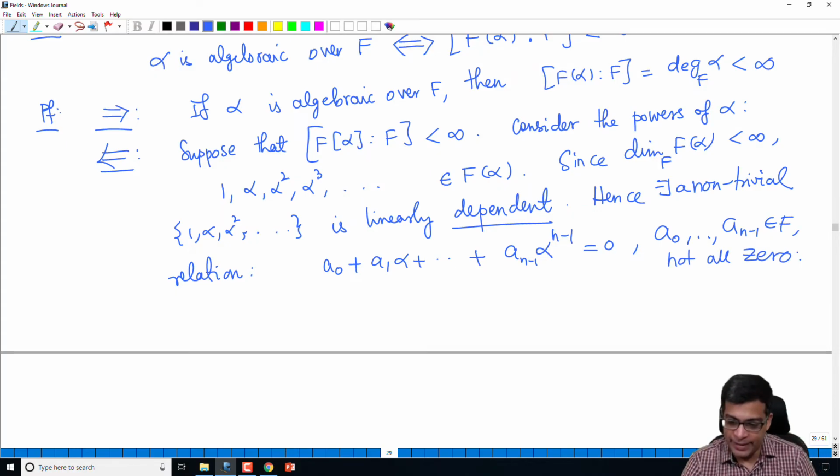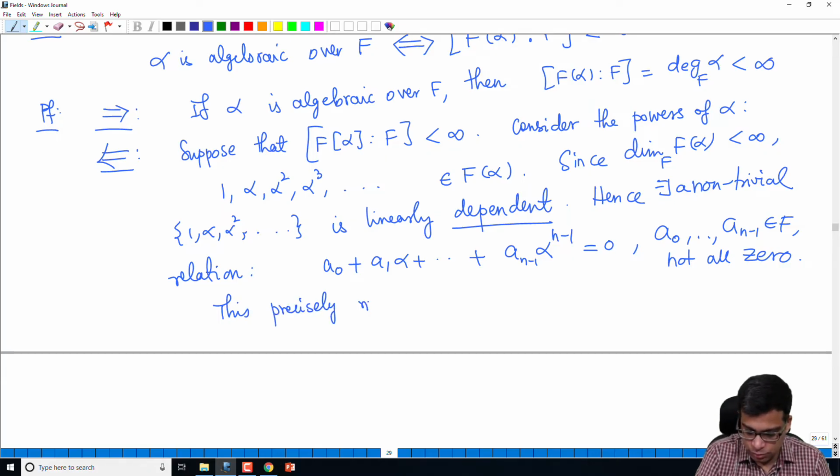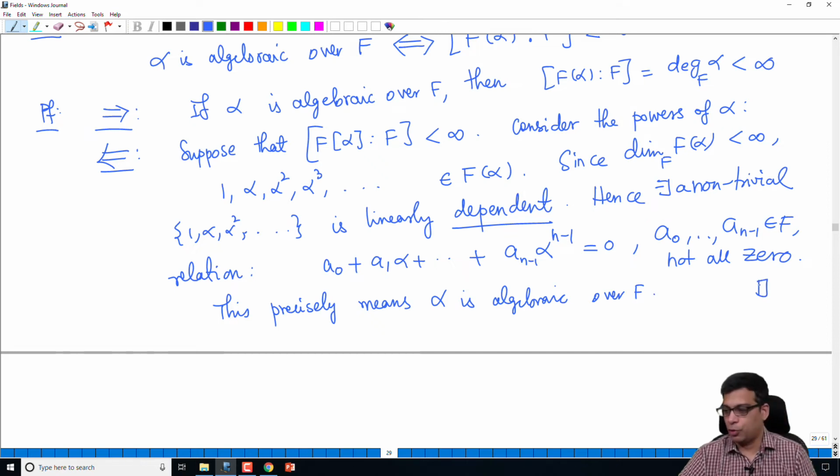There is a non-trivial relation, that means a tuple of elements of the field F which are not all 0 such that this happens. But this exactly means alpha is algebraic over F. We have exhibited a polynomial relation that it satisfies, so it is algebraic.